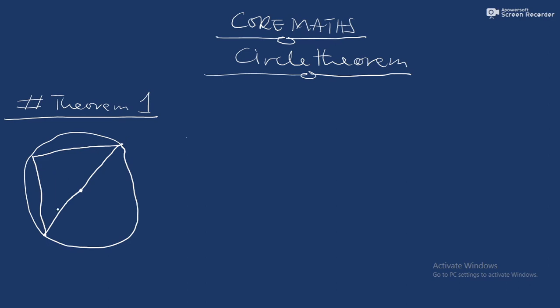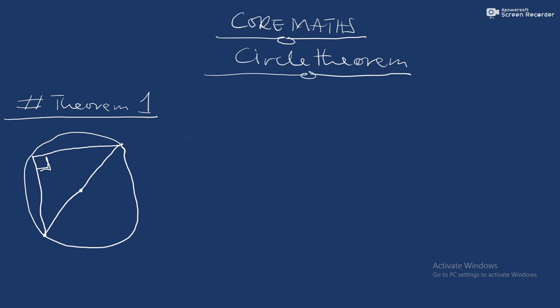This diameter subtended this angle here at the circumference, so the theorem says that this angle is 90 degrees. If a diameter forms any angle at the circumference, that angle will be exactly 90 degrees.